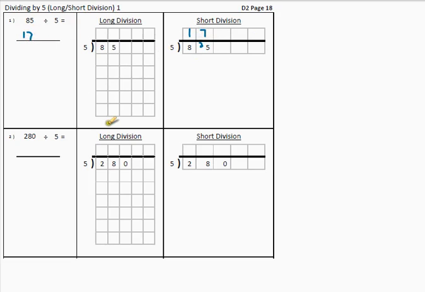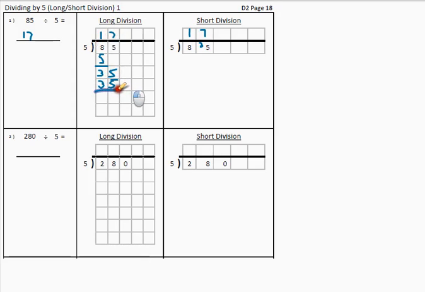Now you know the importance of doing the long division. We need to learn that. 5 goes in 8 how many times? Once. 1 times 5, 5. We take away to get our remainder. 8 take away 5 is 3. That is my remainder. I bring down the 5. Now 5 goes in 35 how many times? 7. 7 times 5, 35.